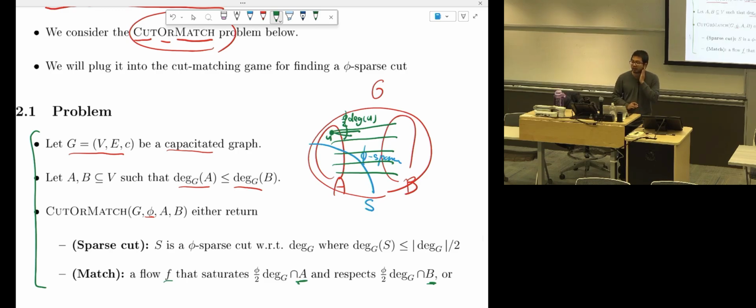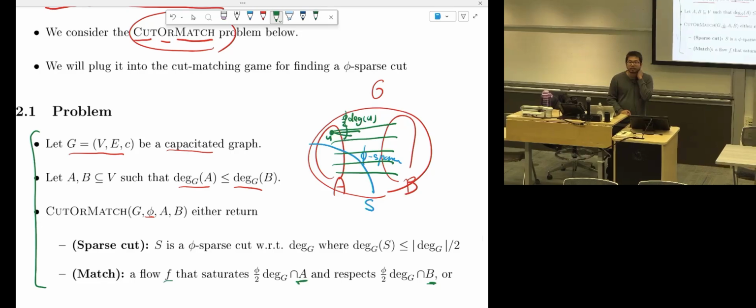Question about the problem definition? Can we solve this just by using the flow cut from before? Exactly.